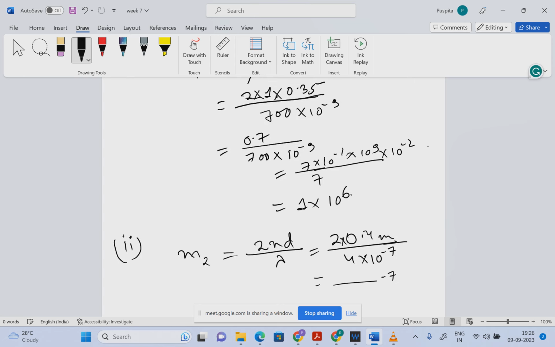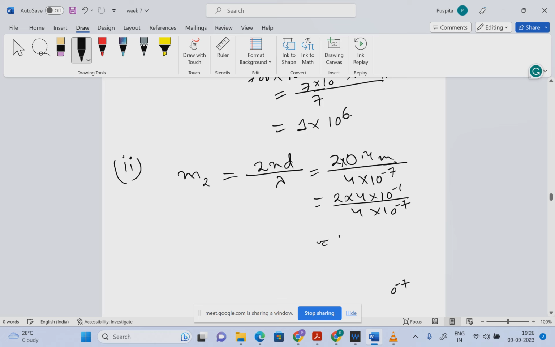So this will be 2 into 0.4 divided by 4 into 10 to the power minus 7, which is 2 into 10 to the power 6. So the mode number for the red light is 1 lakh and the mode number for blue light is almost 2 lakhs.